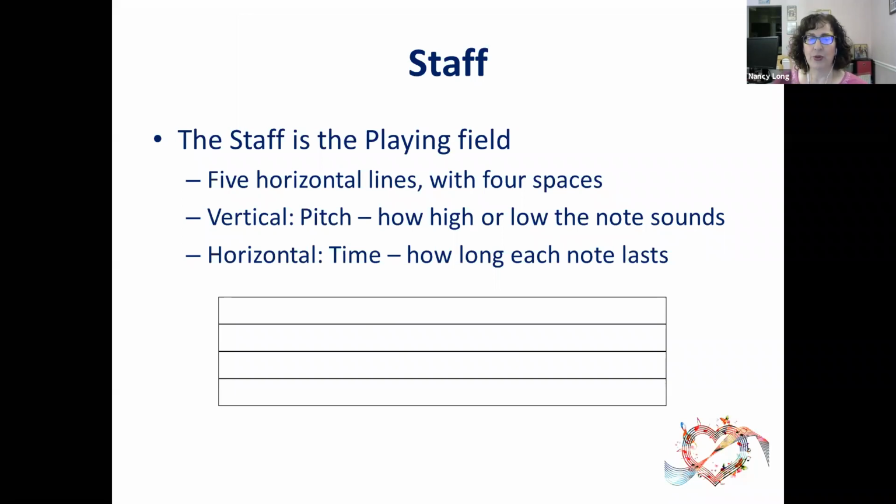So as you go up or down, your voice will go up and down in pitch. The horizontal scale helps us to determine the time, how long each note will last. Just like the time on the graph of the price of pork, typically time goes across, and in this case, the time also goes across on the staff.